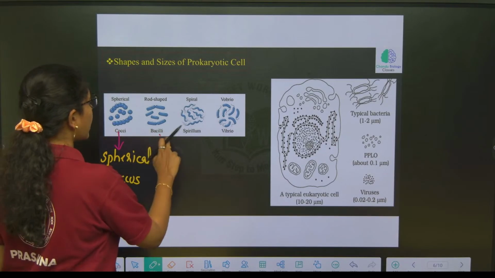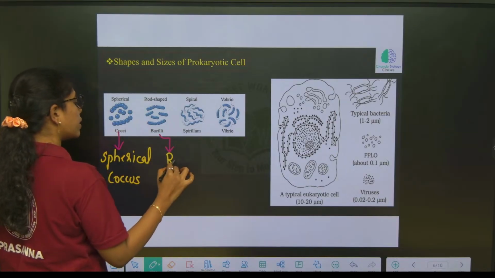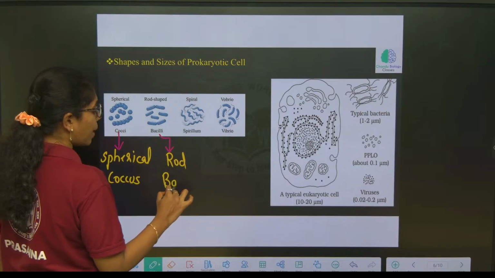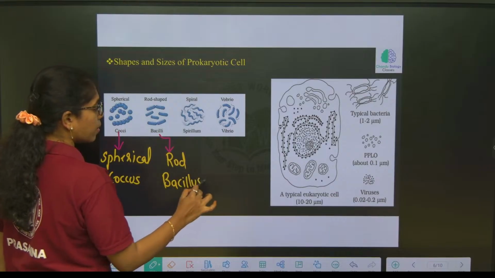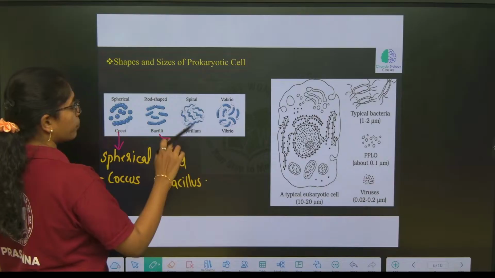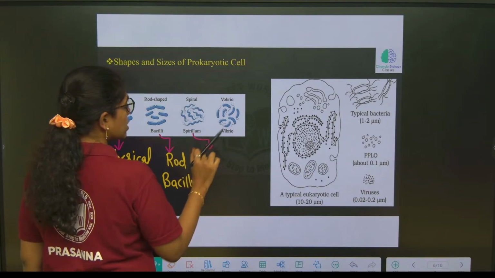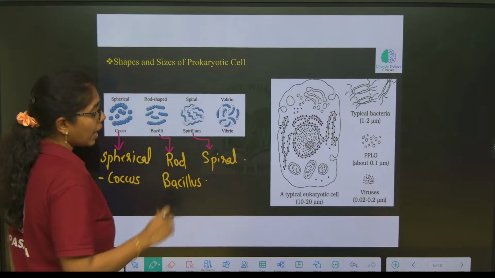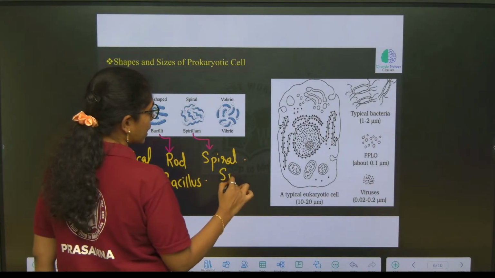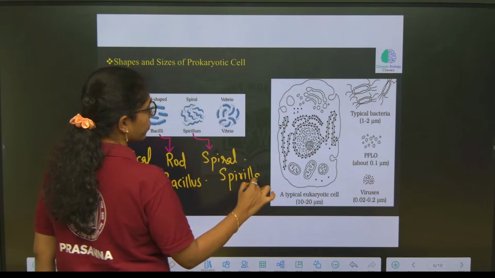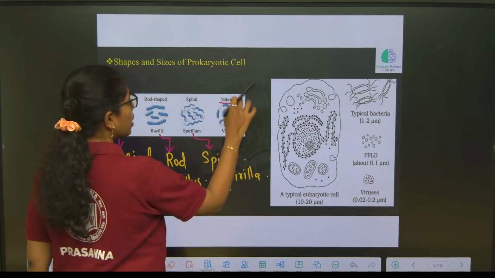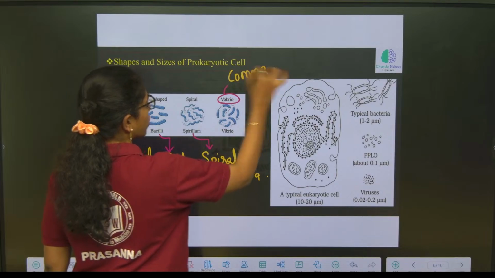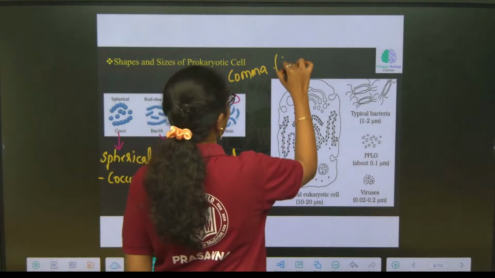If the bacteria is rod shaped, then it is bacilli, singular form is bacillus. Fine. Spirillum, it is spiral shape. Okay. And plural form is spirilla. Fine. Vibrio is comma shaped. Fine. And singular form is what? Vibrium.